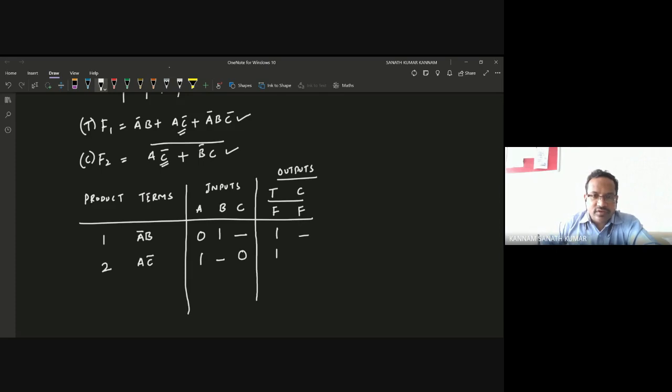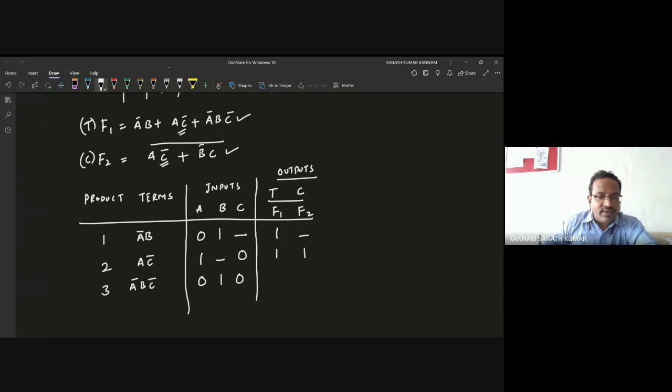Okay. So you can write both functions, this is nothing but f1 and f2. You can write these both functions are 1. Okay. Now third one, a bar b c bar. Okay, a bar b c bar. So this is 0, 1, and 0. Okay.